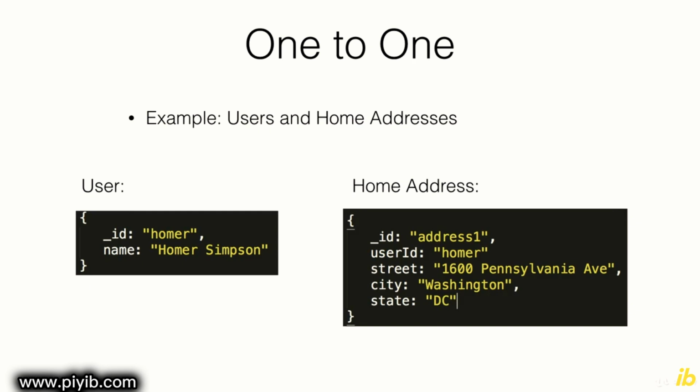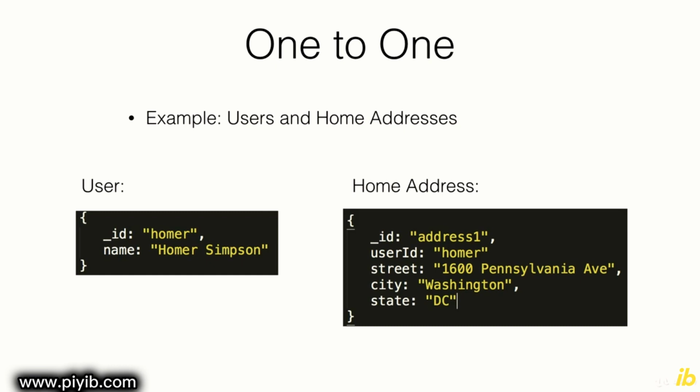The first kind of relationship to consider is a one-to-one relationship. You don't need to overthink this. It's pretty simple. For example, if we have a database that has users and home addresses, and each user has one address and each address has just one user, then we can simply define the user object and define the home address object, and in either one of them contain a reference ID to the other.